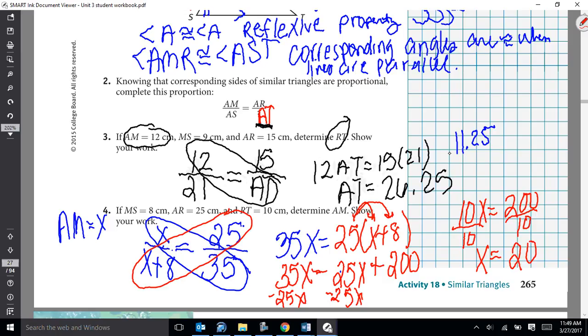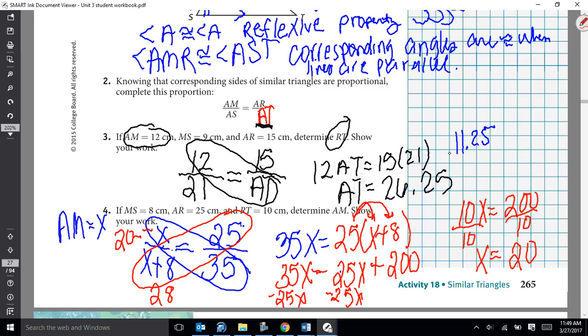That gives us x equals 20. That means that the bottom here is 28. So double check your math. AM should be 20 and AS should be 28. Check your math.